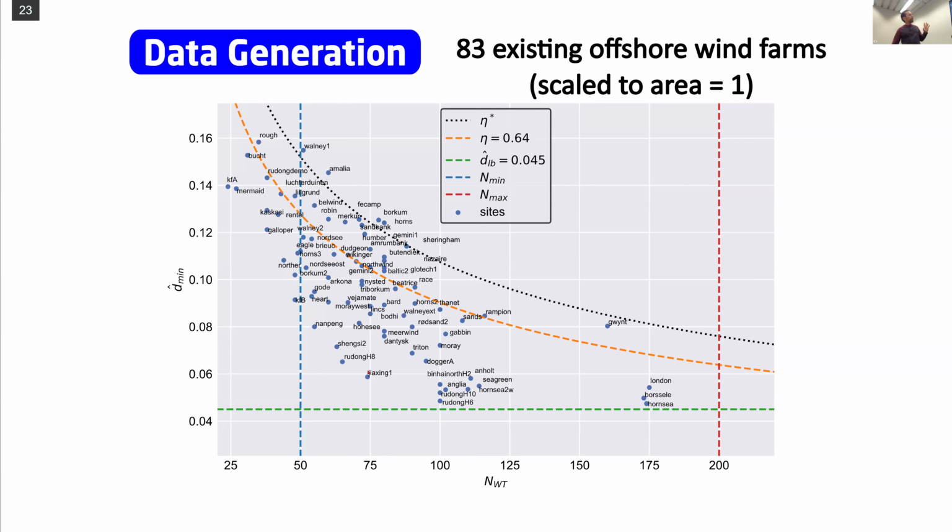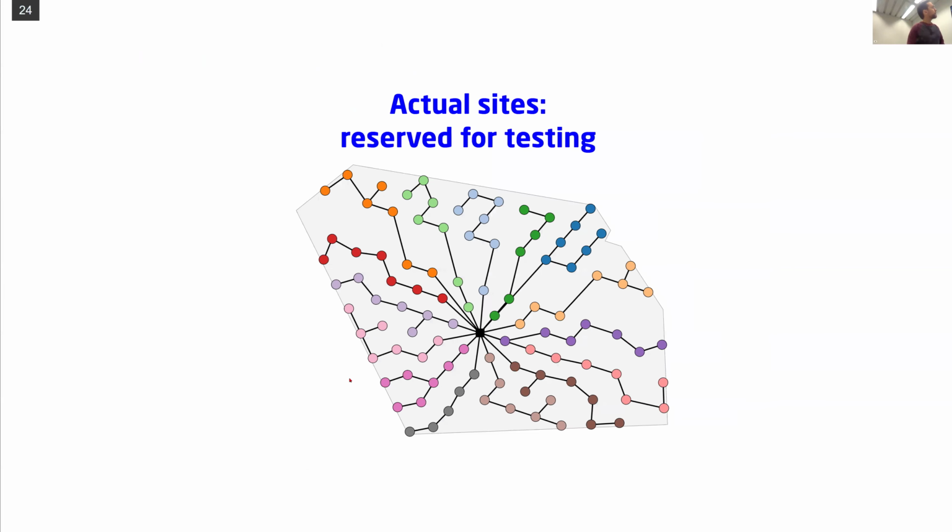Just to have an idea of where I want to generate my random layouts, because 83 is not a lot of sites, I'm augmenting the data with synthetic sites. So I'm using this area here to randomly pick some settings to generate the sites.